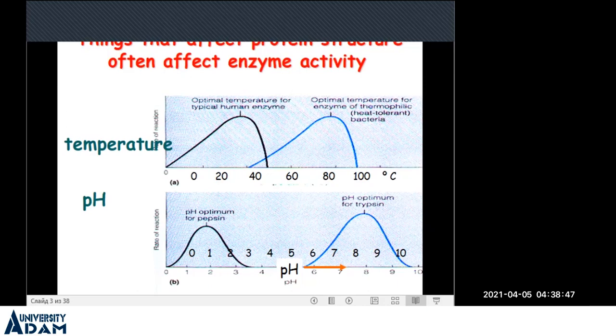And it is the same situation with pH. For example, we have microorganisms that live with acidic pH, and we have microorganisms that live in another base, like an alkali base, and the enzyme will work in this concrete condition. Here you can see some enzymes from the human body.